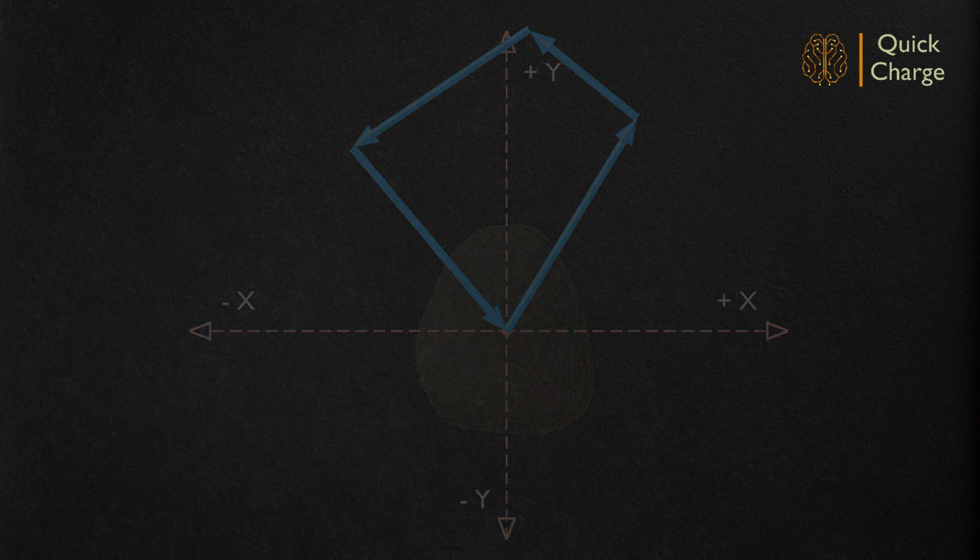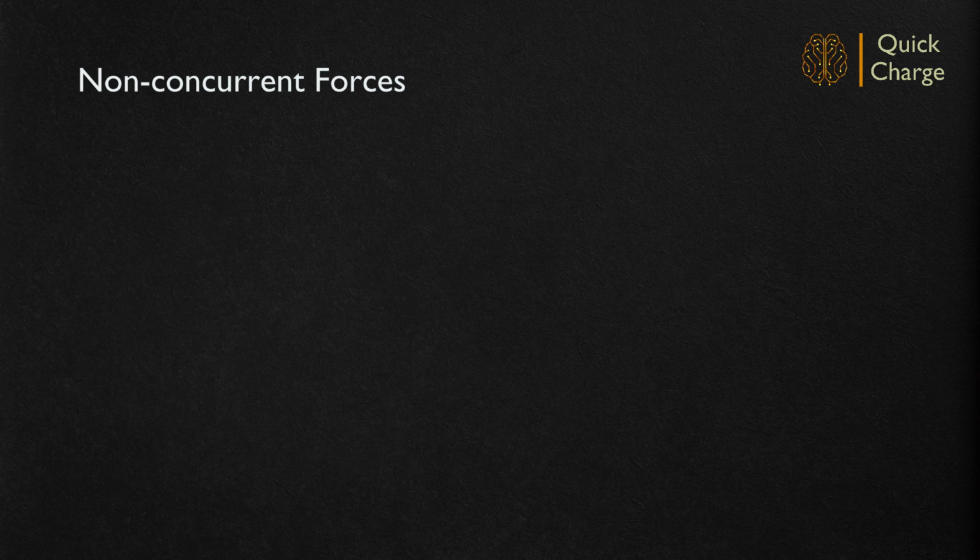Now let us move on to non-concurrent system of forces. Simply satisfying sigma Fx equal to 0 and sigma Fy equal to 0 do not ensure equilibrium of non-concurrent forces. Let us try to understand the same with simple examples.